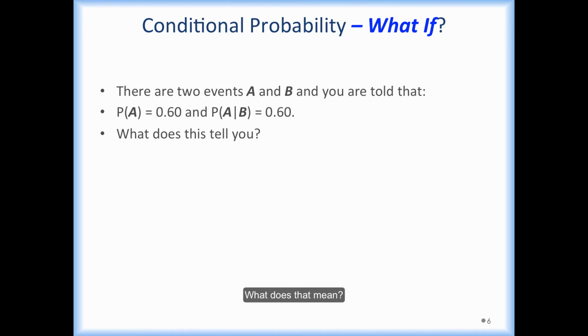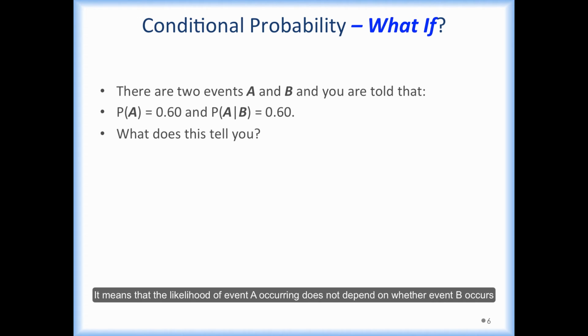What does that mean? If you think about this, it means that the likelihood of event A occurring does not depend on whether event B occurs. Therefore, we say that event A and event B are independent.